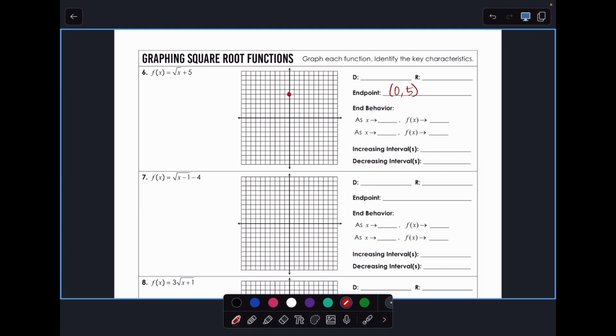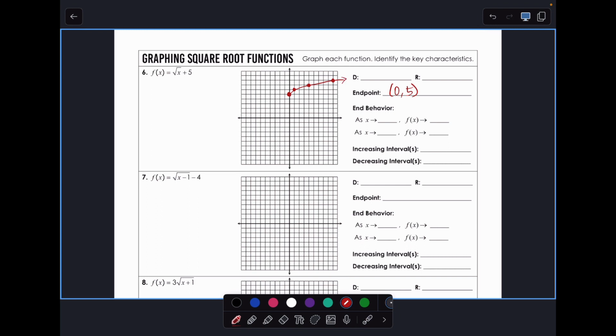You're going to treat where the endpoint is like an x-axis, and then plot the rest of the points using that. If I go to the right 4, I'm going to go up 2 units. If I go to the right 9 units, how much am I going to go up? 3 units. So now there's no stretch at all.